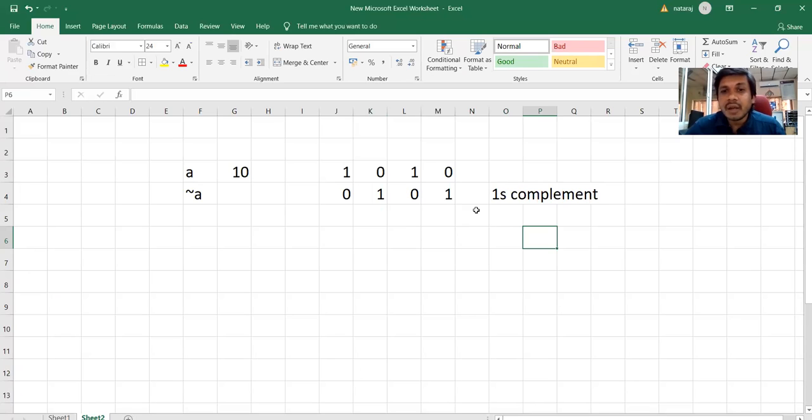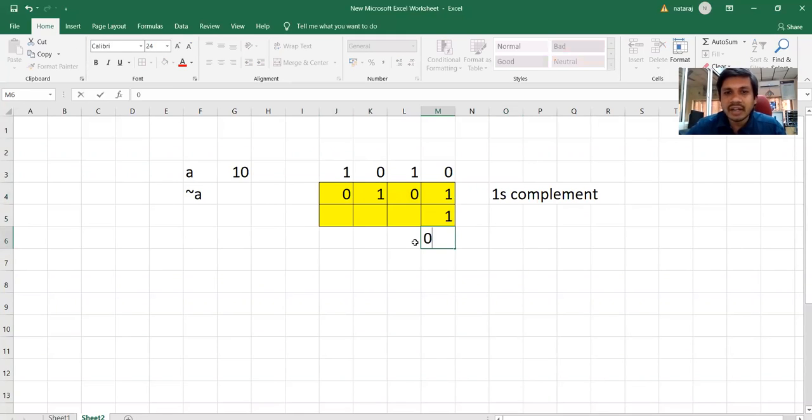Adding 1 to the 1's complement gives the 2's complement. So add 1 to it: 1 and 1 is 0 and carry 1. Okay, and then 1 and 0. So this is called 2's complement.